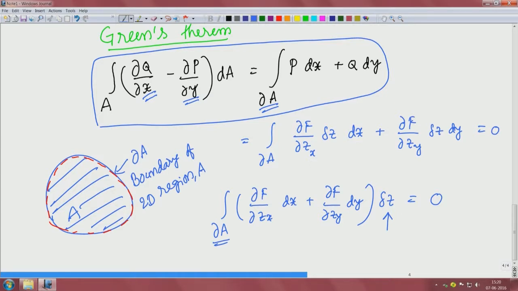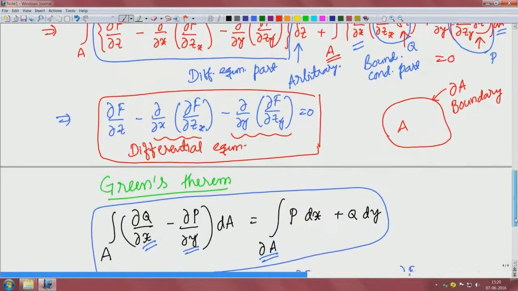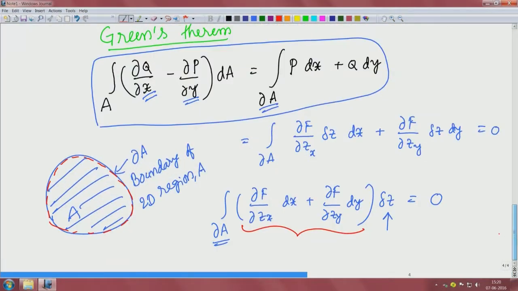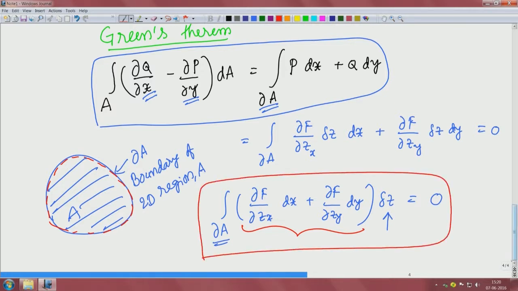If it is free, then this thing should be 0 on the boundary, ∂f/∂z_x dx and ∂f/∂z_y dy, and that is how we get the boundary condition. This will be the Neumann boundary condition or a natural boundary condition. So, we have derived both the differential equation, which is this, and the boundary condition, which is this. We have derived it for a 2D problem.